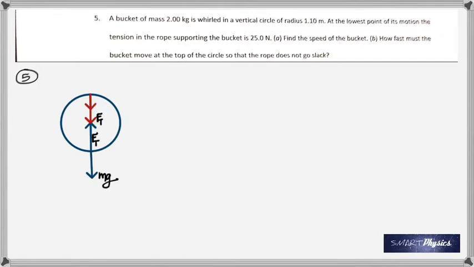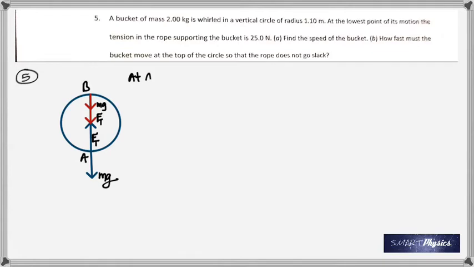So that's the difference. Again, at the lowest point, weight is acting down. Weight always acts vertically down, and the tension is towards the center. At the highest point, weight is vertically down and the tension is towards the center.